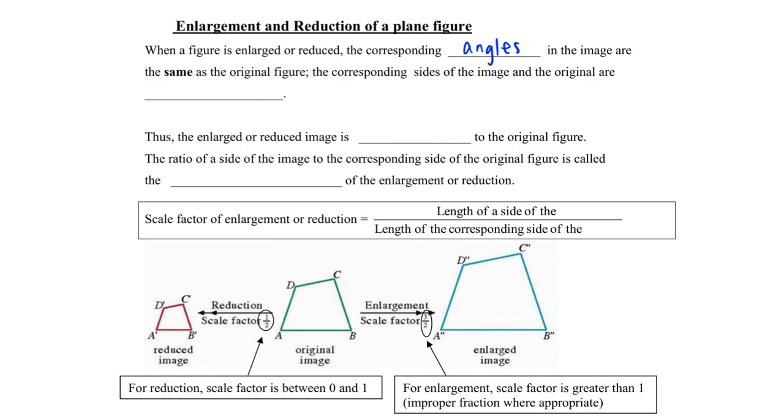This is important. The corresponding angles are the same. It's just that the corresponding sides of the image, as compared with the original, are in proportion, or are proportional. Both mean the same thing.